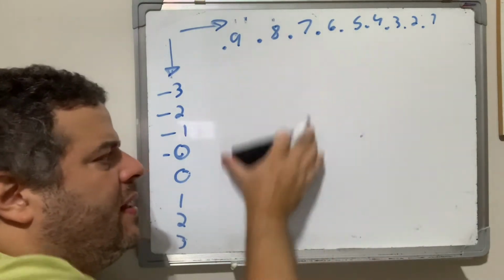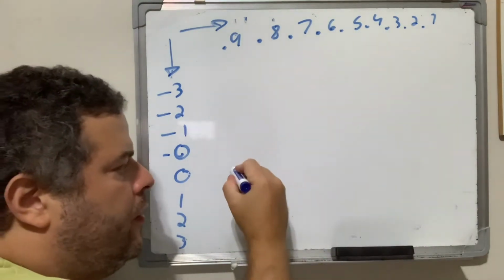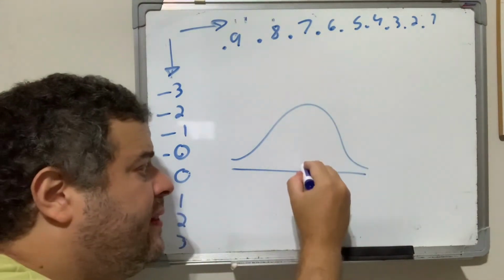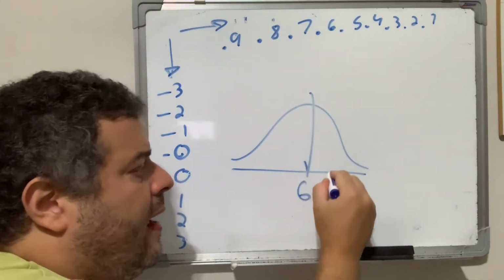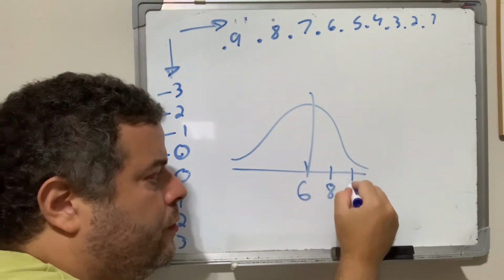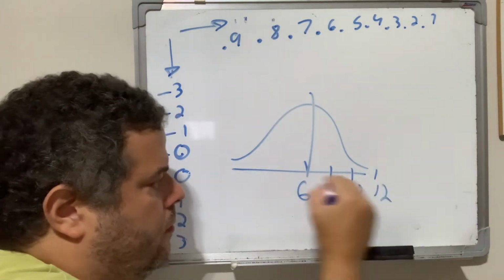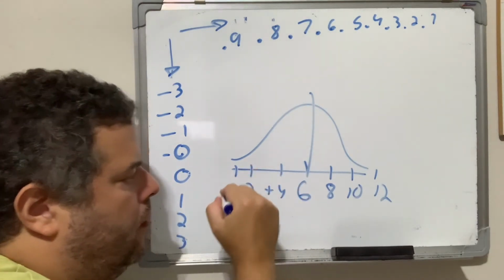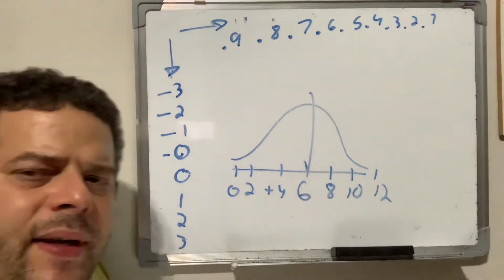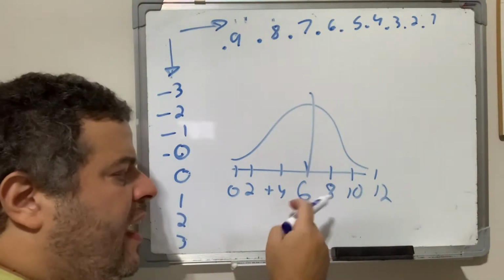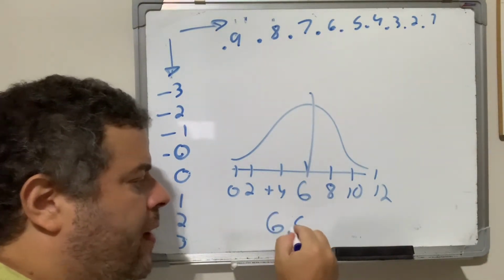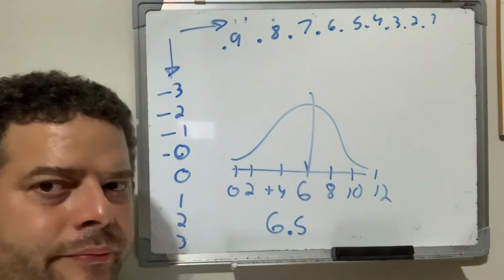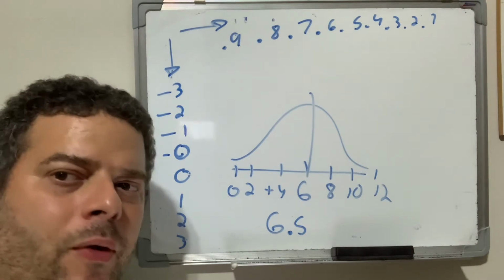Now, one thing to keep in mind, let's say I have a curve, and let's say my mean is 6, and my standard deviation is 2. Let's say, for example, I plug in a target value of 6.5 and I get a z-score of, I don't know, 1.1 something.